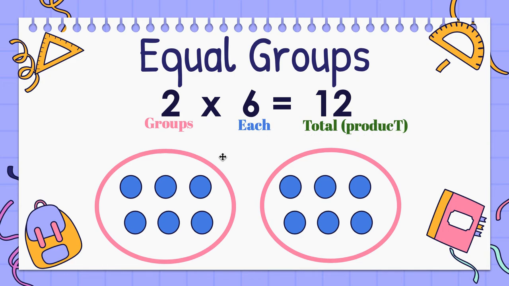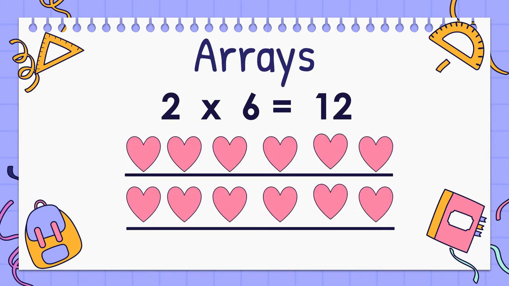In this equation, we would need two groups since our first number is 2. We would need to have 6 dots in each group since that's our second number. And our total is 12, since if we counted up all the dots, we would get that answer.